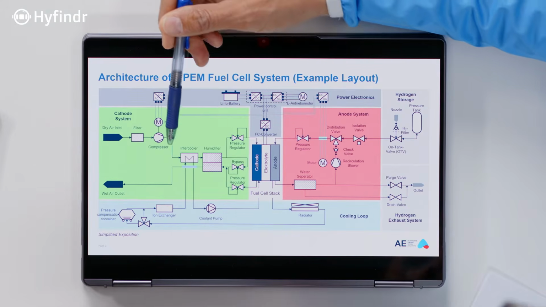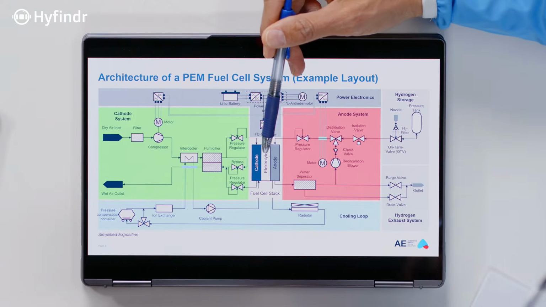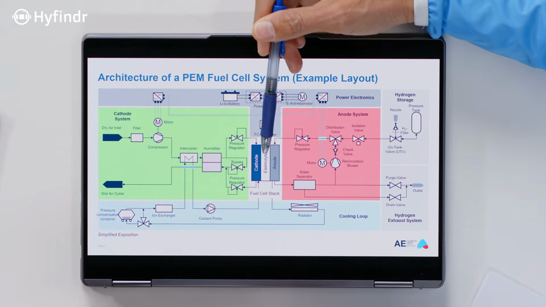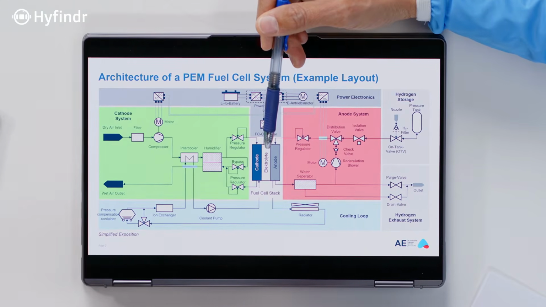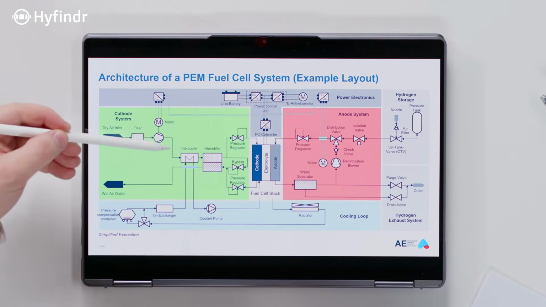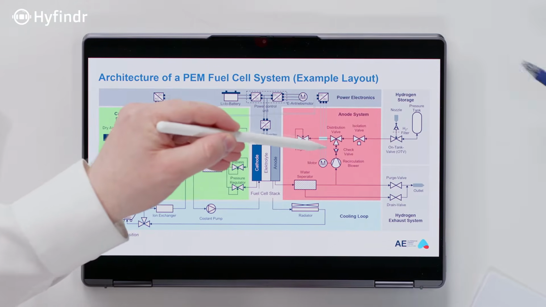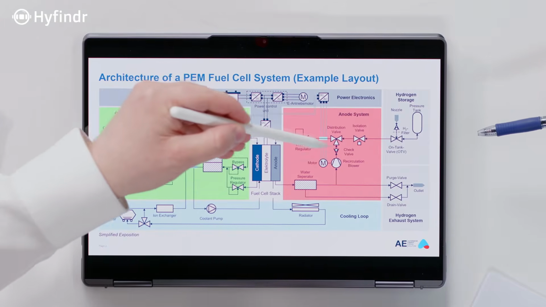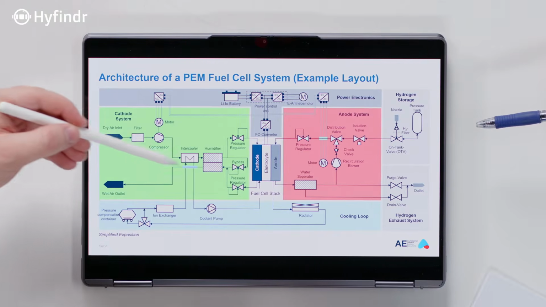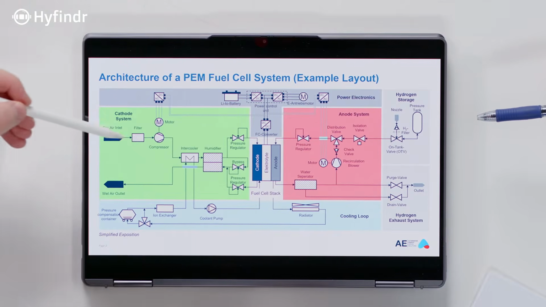Okay, maybe just one basic question coming back to the system. How does this work? If I blow more air in here, then I just get more energy out? Is it the more I blow in, the more energy I get out? You can do it in a special range. You can increase the pressure on the anode side, putting more hydrogen into the fuel cell, and on the cathode side also putting more oxygen that comes out of the air.